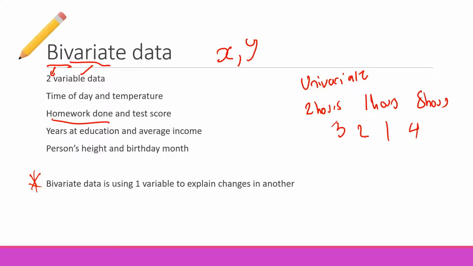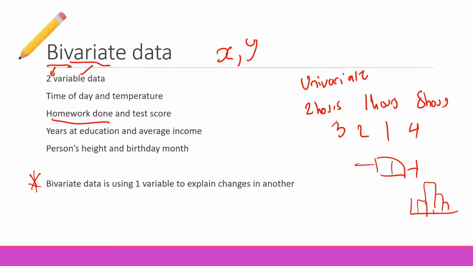We could have done a box plot or a histogram, but ultimately we are not able to compare them. We're only able to figure out how much homework or whatever someone is doing.